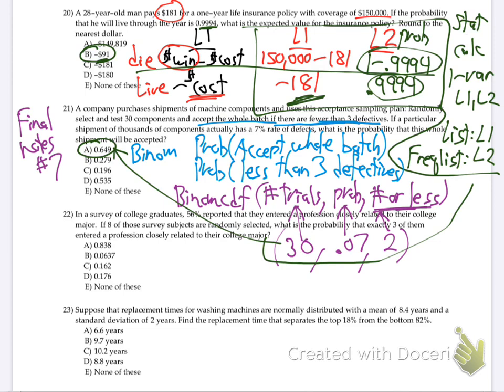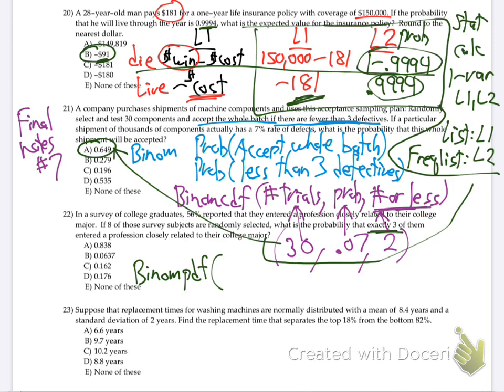So what's that one going to be? Is this another binom? Yeah. For sure, because you're either having a job related or not related to your major. So it's binom again. Now is it binom CDF or PDF? PDF, because it said exactly, huh?